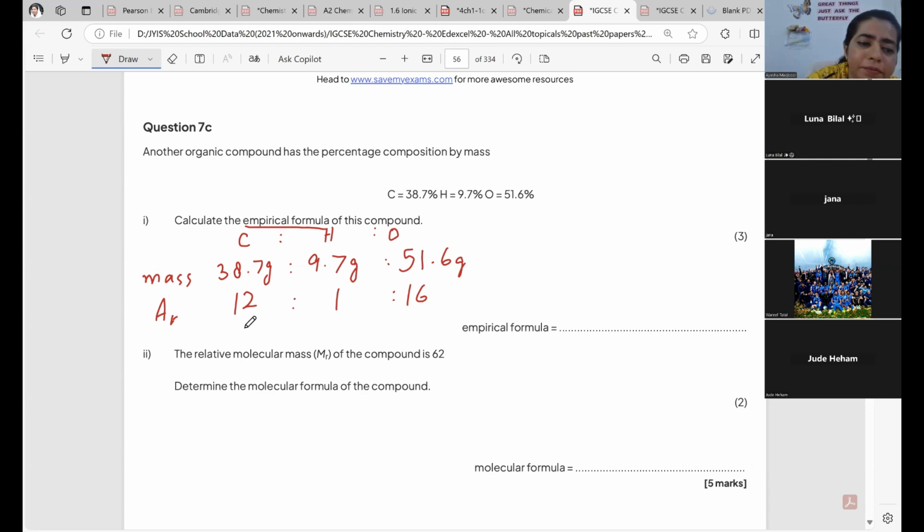Now, next step. Now we find their moles. So moles of carbon is going to be mass over molecular mass. Get the answer, tell me the answer.